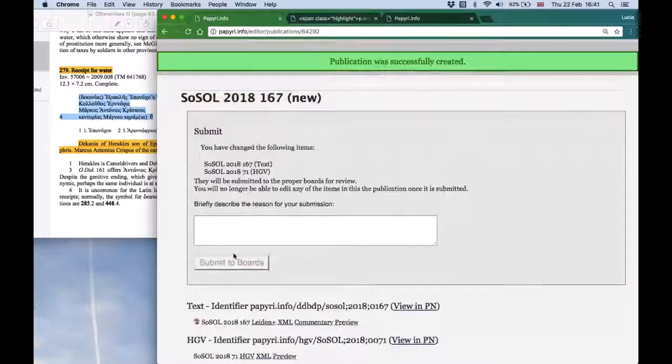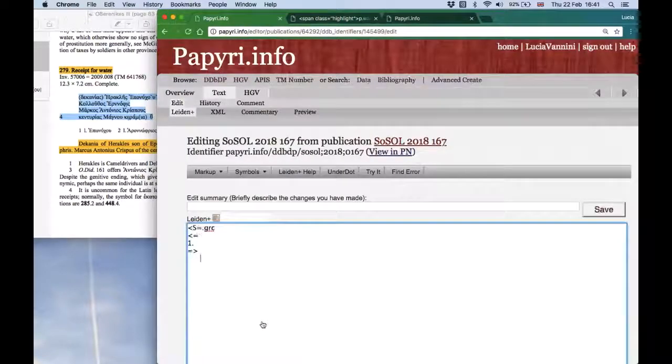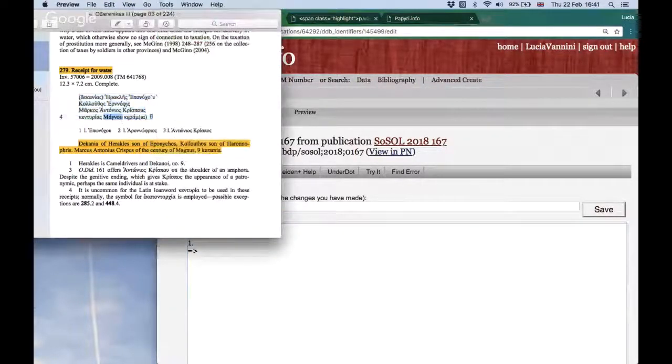Even though texts can be edited from their XML code, we choose to work with the more user-friendly Leiden Plus markup. Then we copy and paste a text, for example, the text of this ostracon.